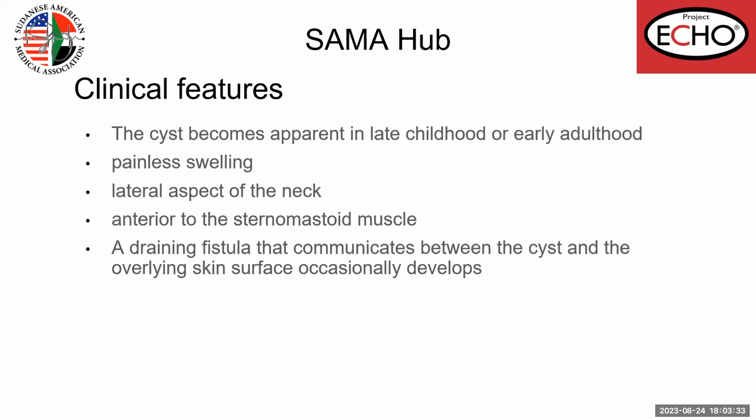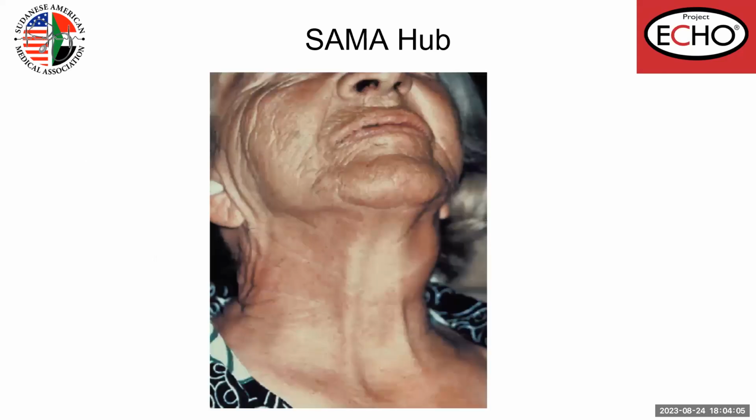Here in the neck lesions, you have midline lesions, you have lateral lesions, and here the sternocleidomastoid muscle is our landmark. The cysts take place anterior to the sternocleidomastoid muscle. It is lateral, not midline.